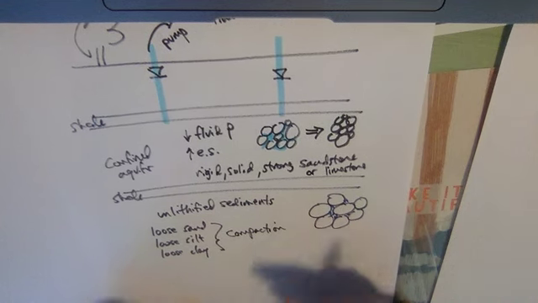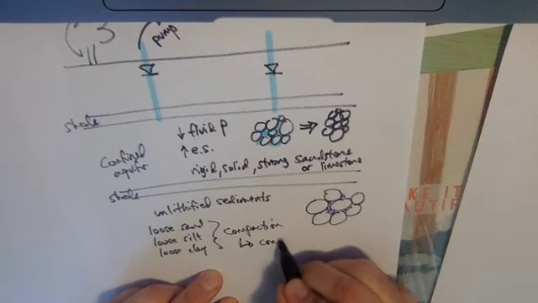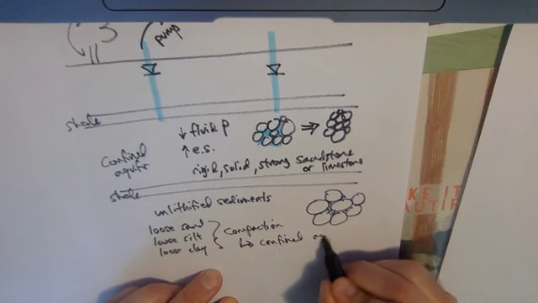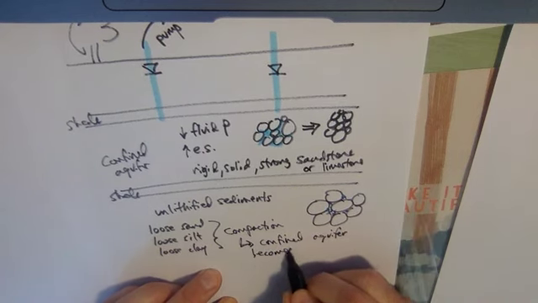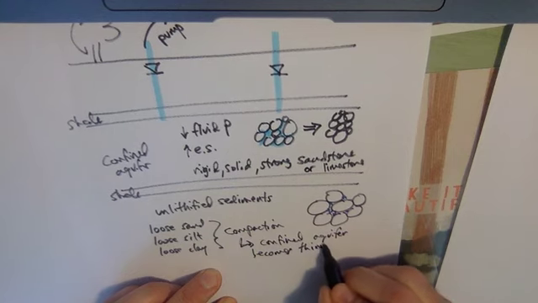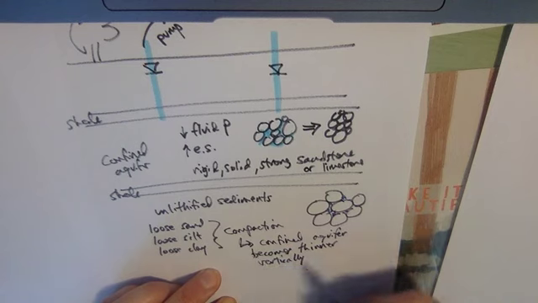The grains get shifted into a more compact configuration, and as a result, what happens? The confined aquifer becomes thinner vertically.